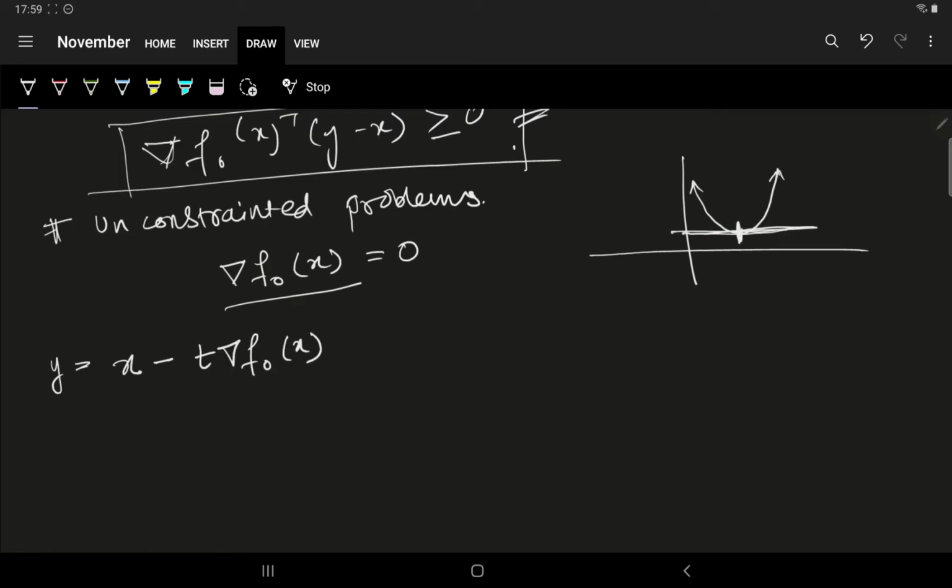So this is a point very close to x. So t is a parameter that belongs to R, and we are saying that t is small and positive. This is our consideration.